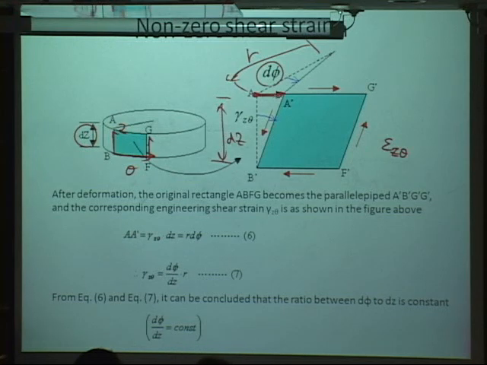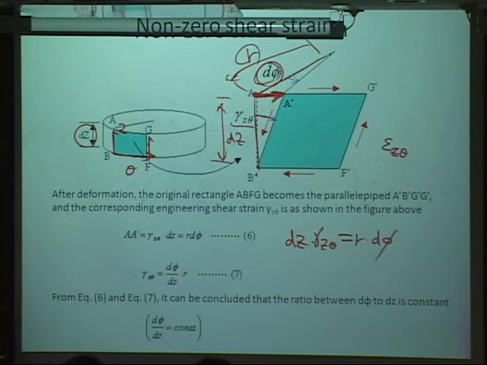This movement can be represented in 2 ways. One is this length times this angle, which gives us this one. At the same time, this r times d phi will give this displacement. So dz times this angle gamma z theta should be the same as what? r times d phi.